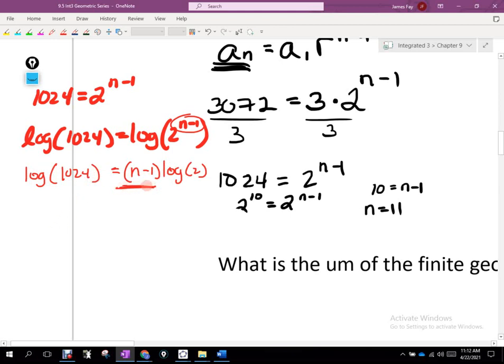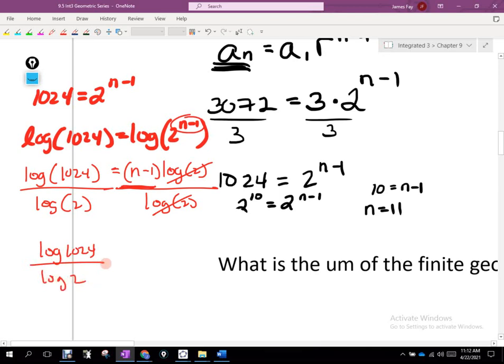Let's get that n minus 1 by itself. So we divide both sides by log 2. So we get log of 1024 divided by log 2 equals n minus 1. How would I solve this for n?